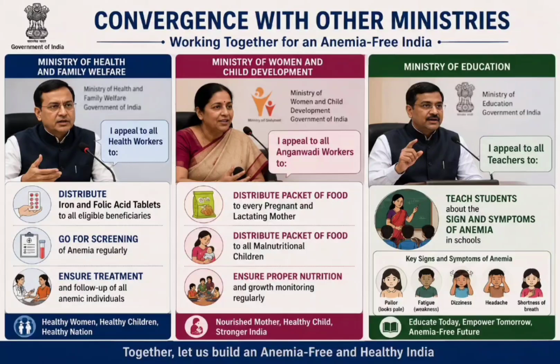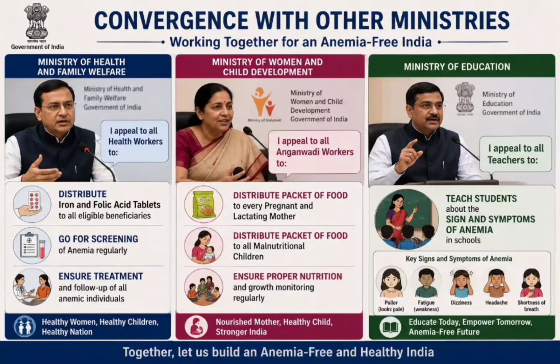In the diagram we can see that the Ministry of Health and Family Welfare appeals to all the health workers to distribute iron and folic acid tablets, go for screening, and ensure treatment.